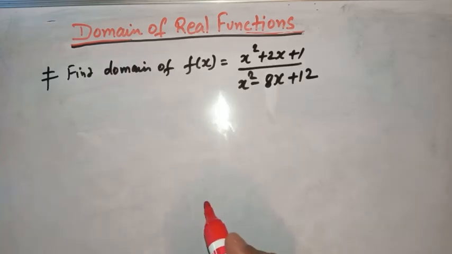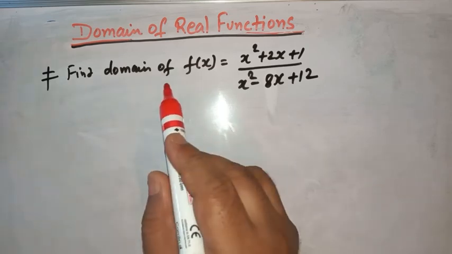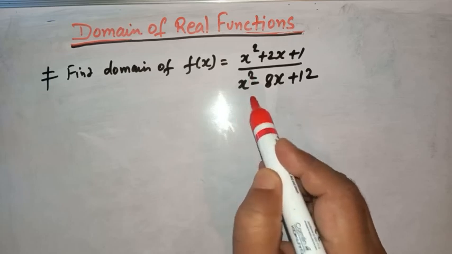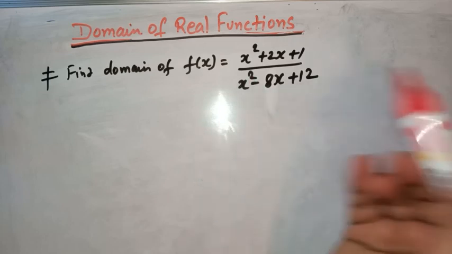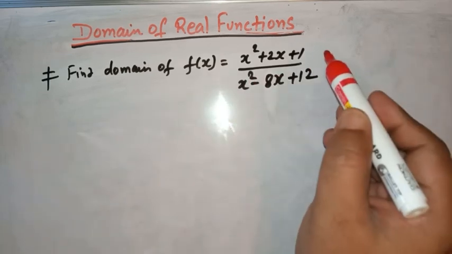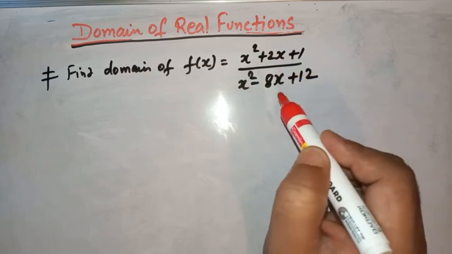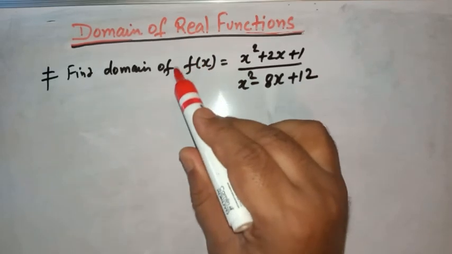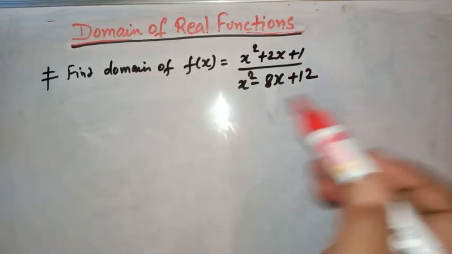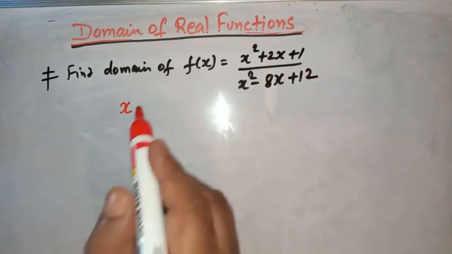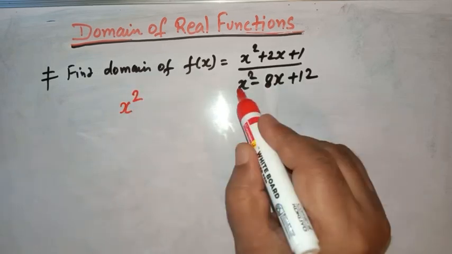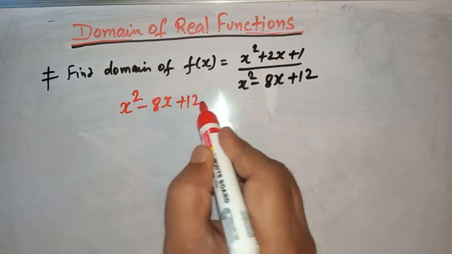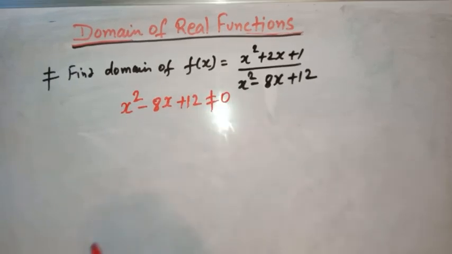Viewers, let us take this problem. Find the domain of f(x) = (x² + 2x + 1)/(x² − 8x + 12). Again here those values of x are admissible which make this function f(x) defined. For finding the domain, the denominator, that is x² − 8x + 12, should not be equal to 0.